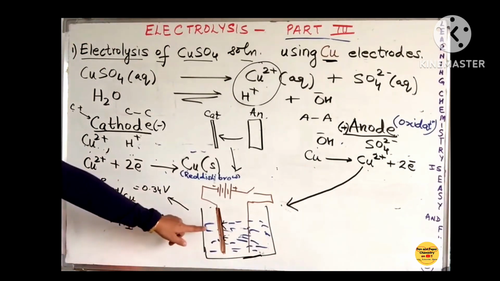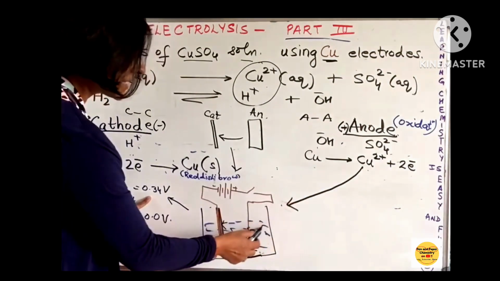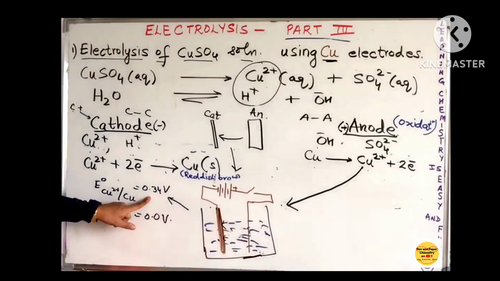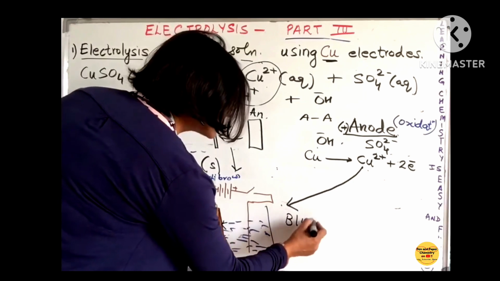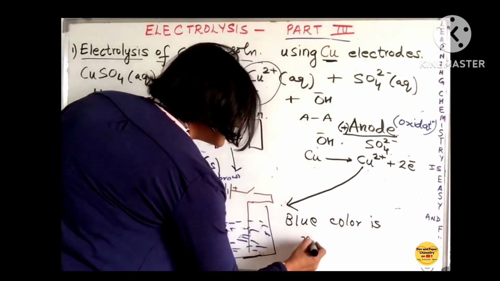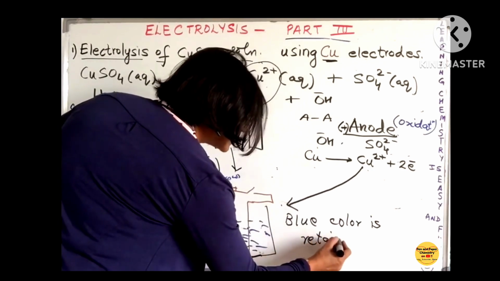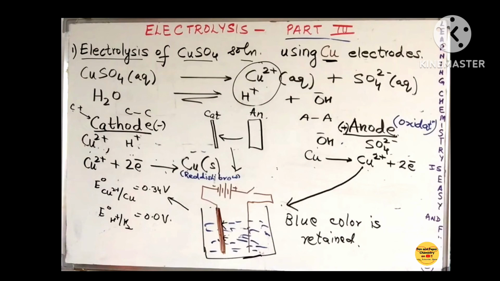Yes, copper ions are getting discharged, but at the same time, at the same rate, they are being replenished from the anode. So the blue color is retained, right? The blue color of the copper sulfate solution does not fade away.